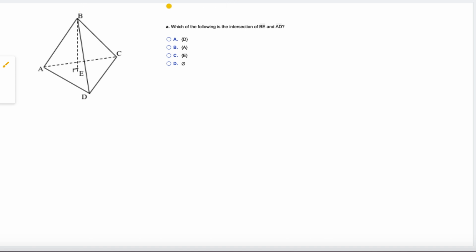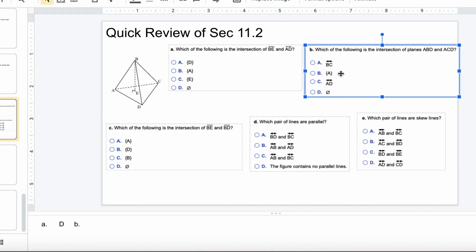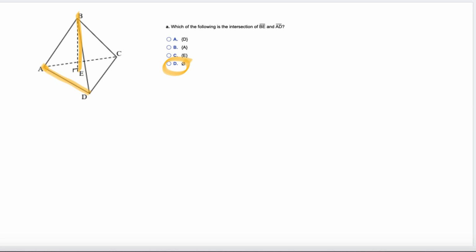So segment BE and segment AD, do they intersect? Even if you extend them, they don't meet, right? So we call these two line segments skew to each other, which means there is no intersection, so it has to be an empty set. Make sense?